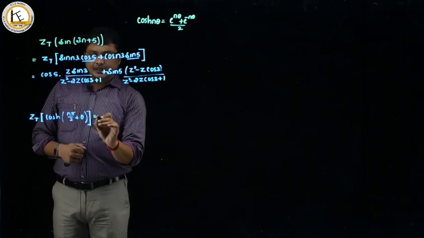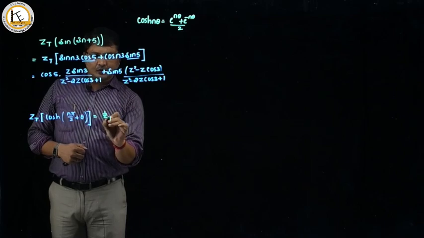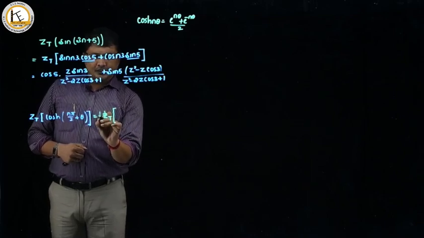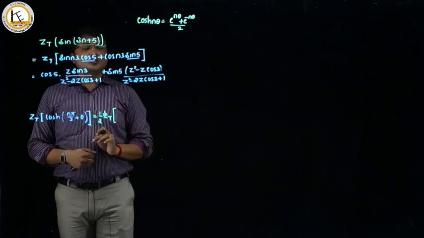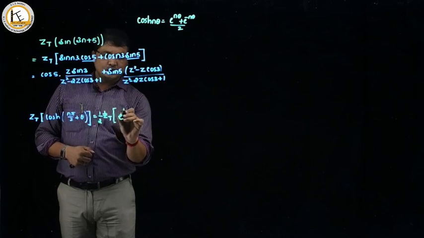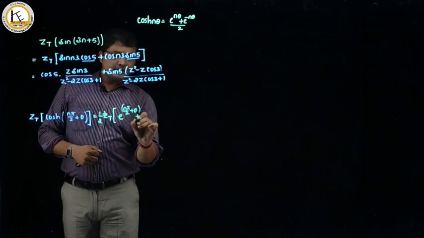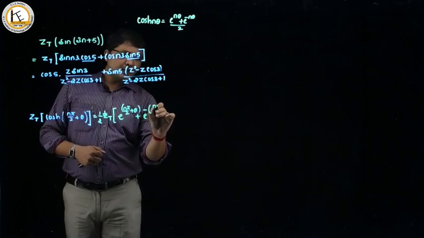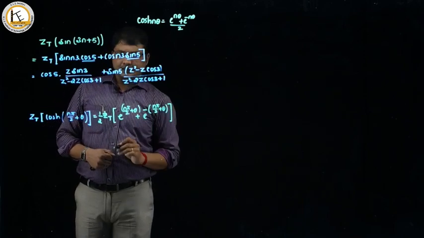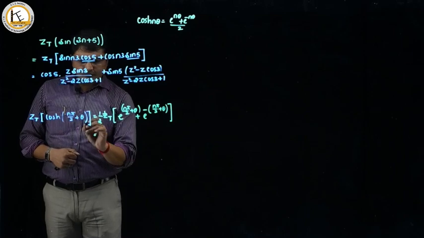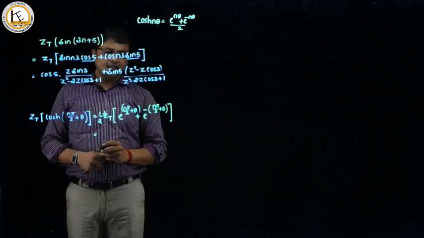So this can be written as 1 by 2, and first I will take the Z transform. 1 by 2 is outside, then e raised to n theta plus e raised to minus n theta means e raised to (n pi by 2 plus theta) plus e raised to minus (n pi by 2 plus theta). Bracket complete. So I am reducing this function into the standard form so that I can easily get the Z transform.